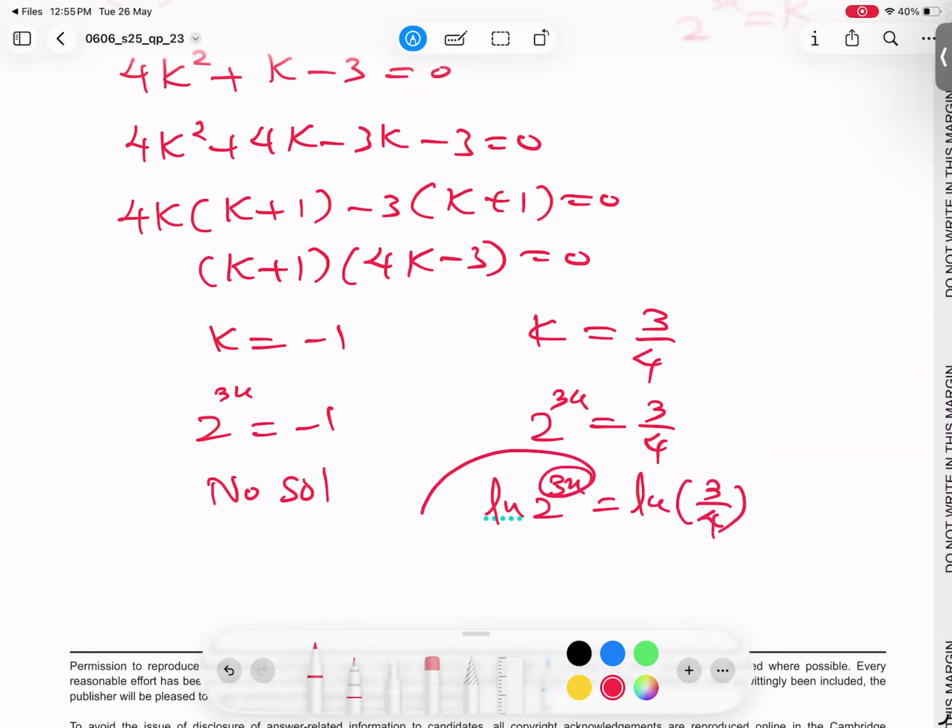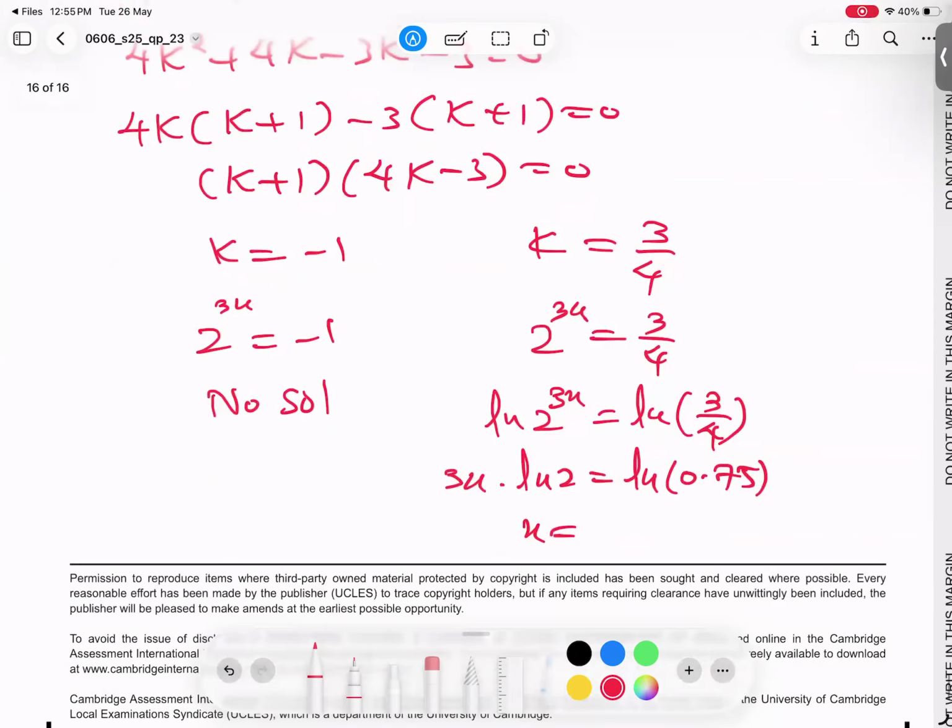So this will go down. We get 3x times log of 2 is equal to log of 0.75, or 3 over 4. They are the same, no problem at all. This will go down and we get a final form. x is equal to log of 0.75 over 3 times log of 2. And we have to type this in the calculator, simple.